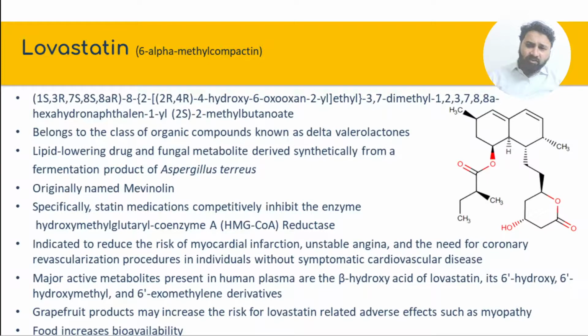Generally, this drug is used as a prodrug because it is given as a lactone prodrug. And to produce its mechanism of action, it is required to be converted to the active beta hydroxy form. So it is used in the form of the lactone, and before it produces its mechanism of action, it is converted to the active beta hydroxy form.